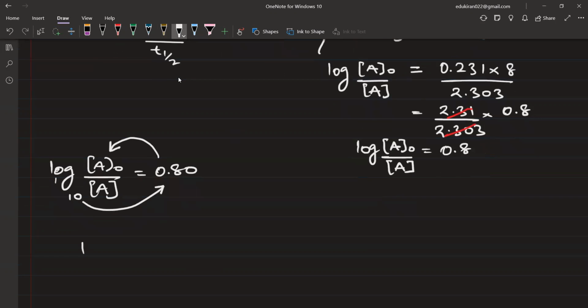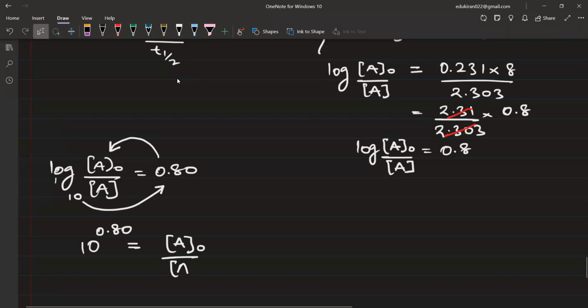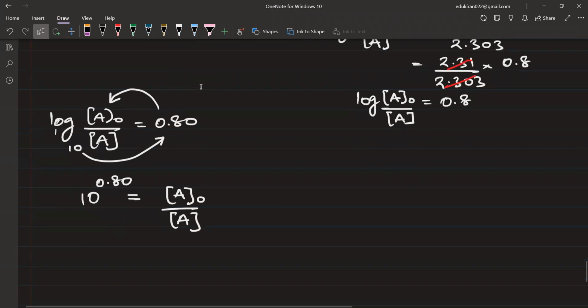I'm saying that 10 to the power 0.80 will be equal to A naught upon A. Tell me, guys. Any problem in this? No, na? Astha, Minashi, Salman, Khalid? No, sir, no doubt.